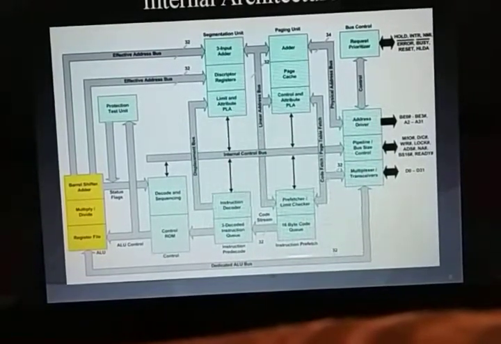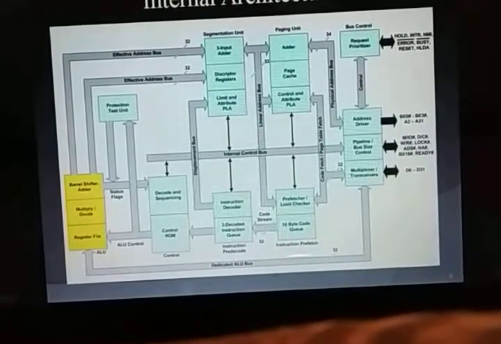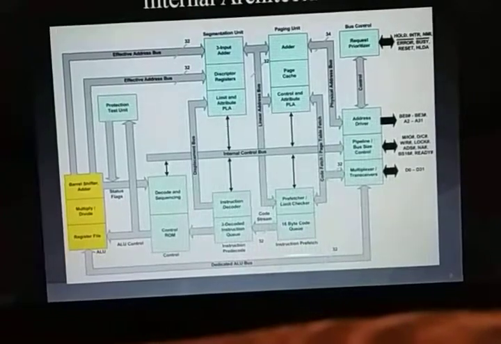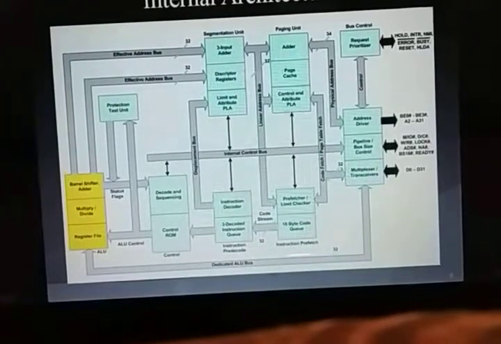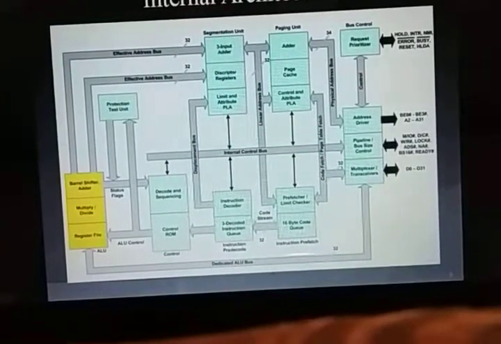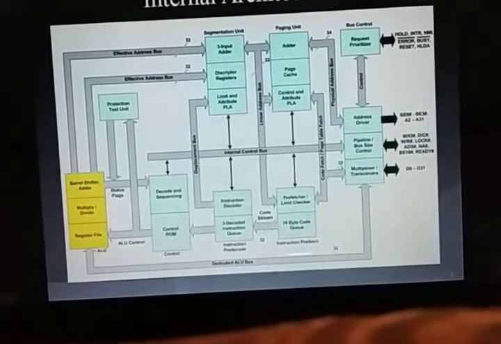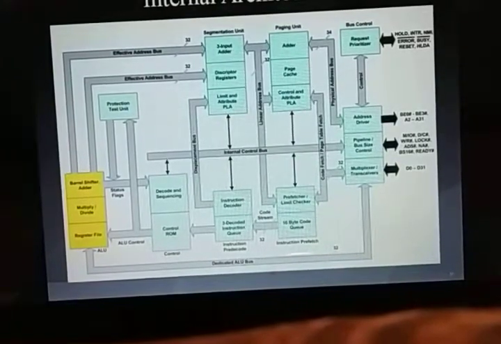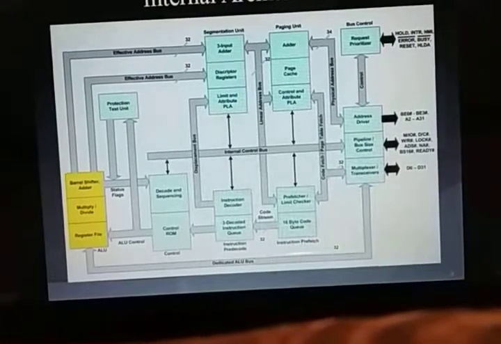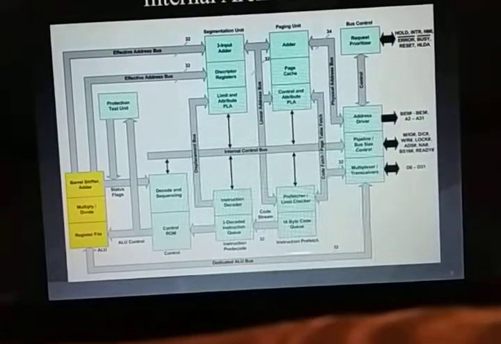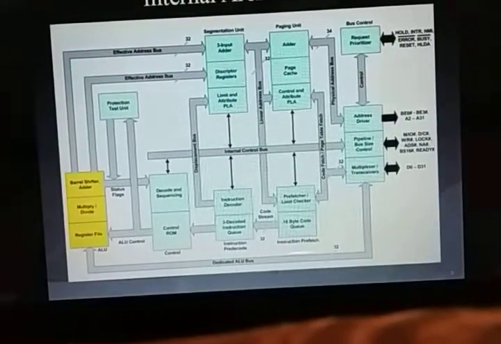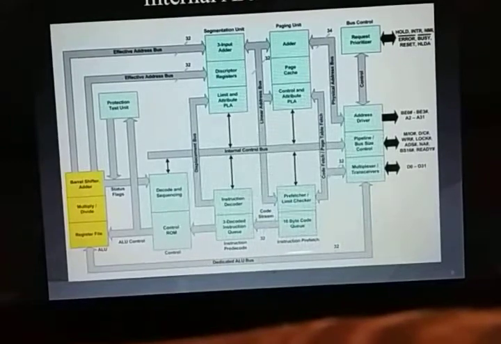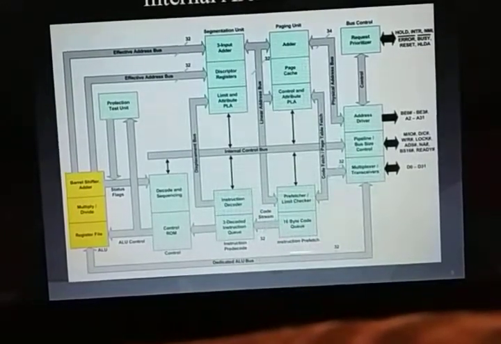If your paging unit is disabled, meaning the PG bit is set to 0, you cannot perform the page translation mechanism, and in that case your linear address is the same as the physical address. So this is the working of the paging mechanism. The paging mechanism converts the linear address into a physical address, provides protection at the page level, and checks the control and attribute PLA field.